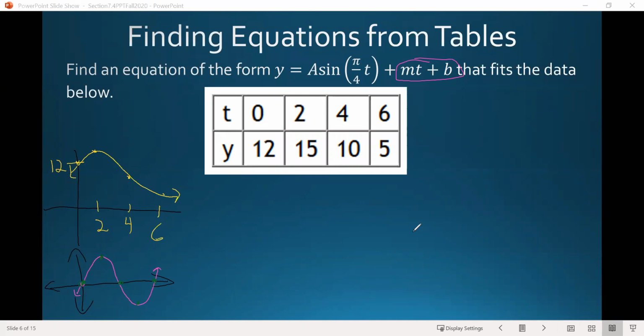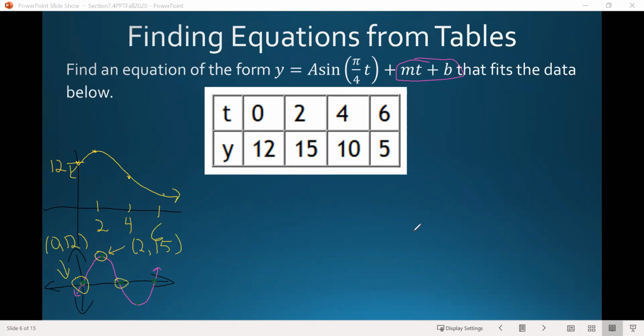Now, as I mark these, I want you to note that they're not going to be in the right spot. Where I put 0, 12 will not be where a point 0, 12 would be, but they will equate to where they would be within a period of sine. So for example, the first point, the one we start at, would be the 0, 12 right there. And then the 2, 15 would be the equivalent of the next peak.